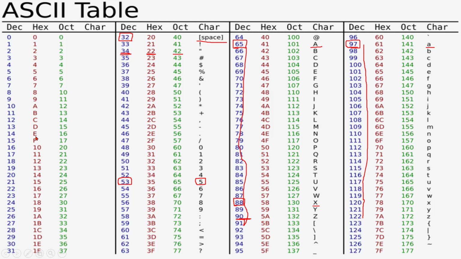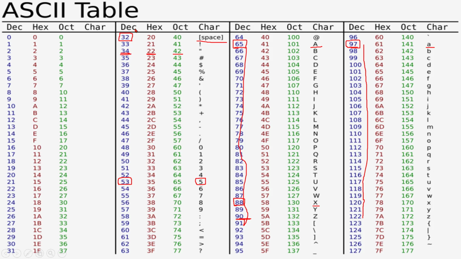The question is, is it necessary to remember the whole ASCII table? No need to remember the whole ASCII table. The only thing is you have to remember the values for capital A, small a and space. Space is 32, capital A is 65, small a is 97. These much things you have to remember.